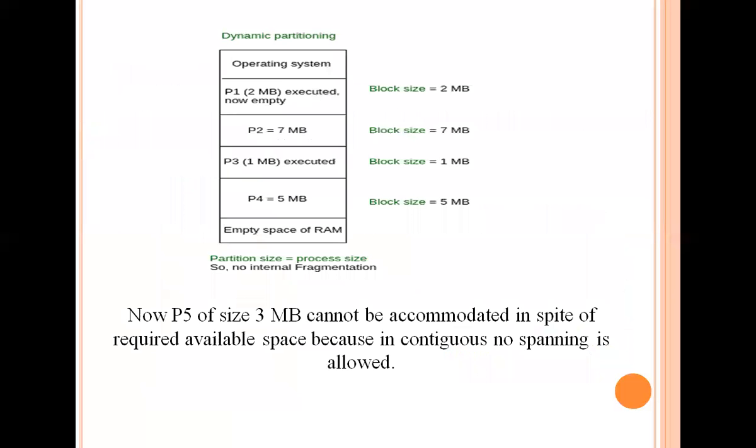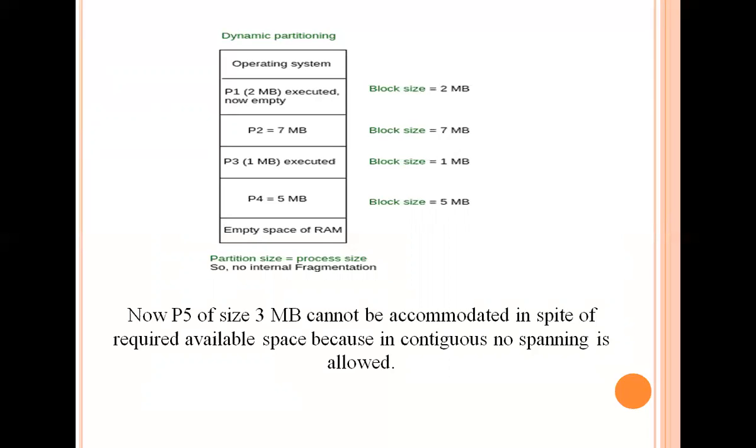See, block size 2 MB, it has executed and now it is empty, and P3 also executed and now it is empty. Now P5, some process P5 whose size is 3 MB, has demanded the memory space but we cannot allocate it because it is not in continuous order, and this type of memory wastage is known as external fragmentation.